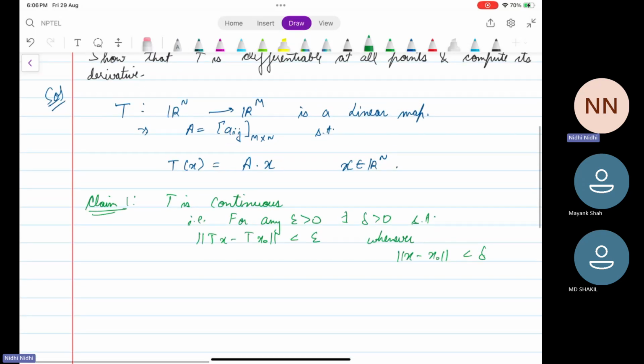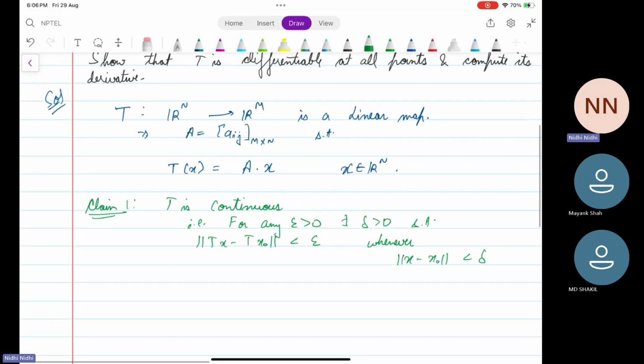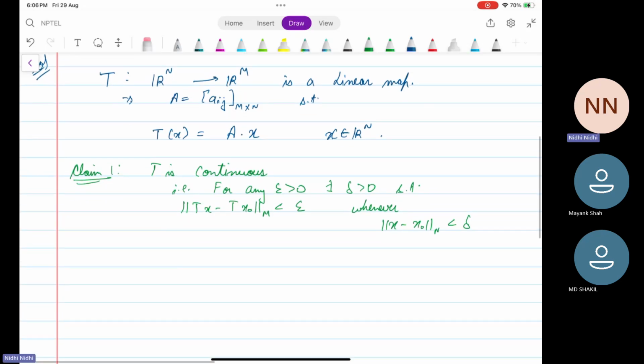Now Tx and Tx naught are in Rm, so I'll write it as the Rm norm, and this x is in Rn, so I'll take the Rn norm of x minus x naught there. Okay, so that's what we need to show.